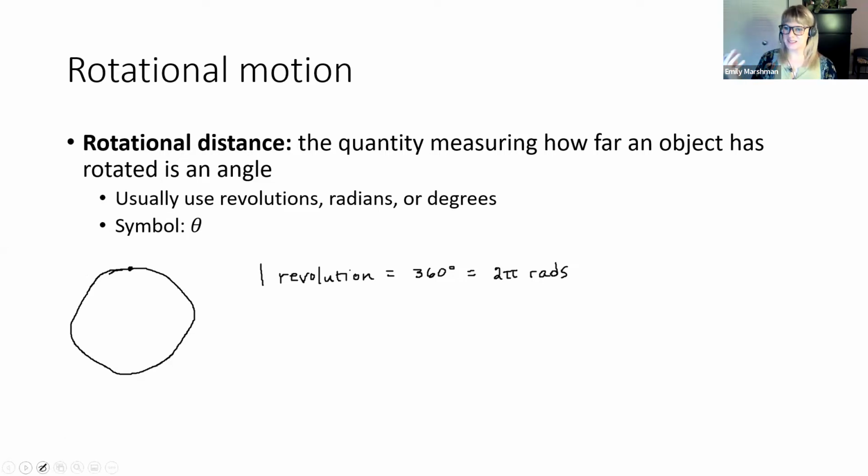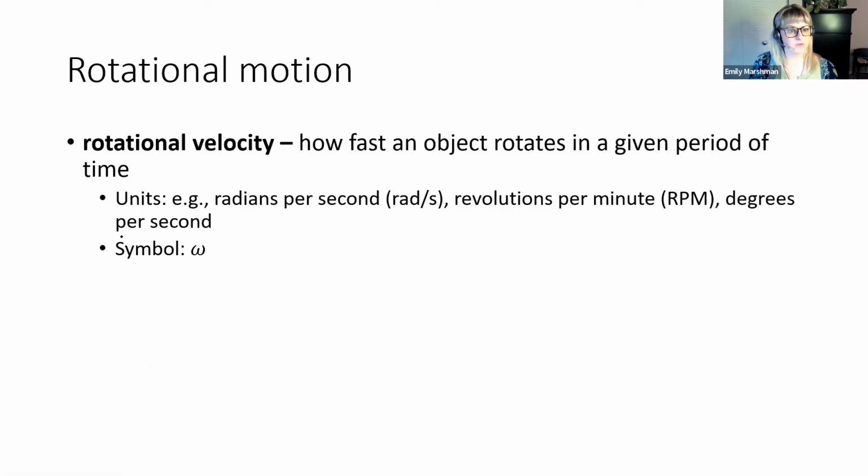And when we learned about linear motion, the next step was talking about the object's velocity. How far does it go in a given period of time? We can do the same thing for rotation. Rotational velocity is how fast an object is rotating in a given period of time.